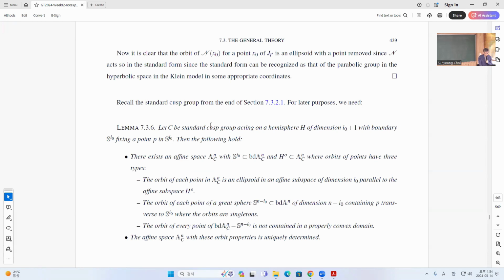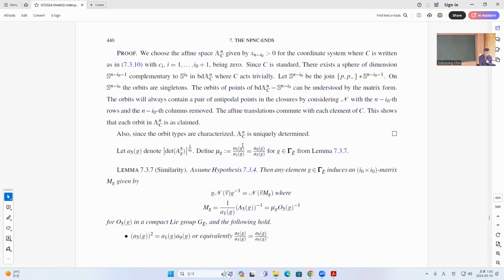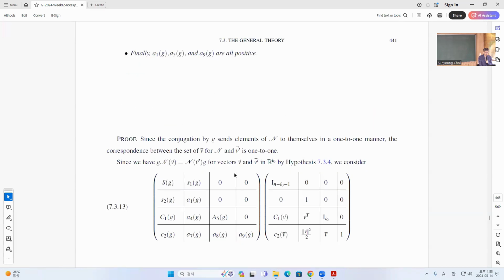Maybe I shouldn't say standard here, but anyway, let's keep continuing. So then we have this relation: A5Z squared is A1 A9, or you have this relation. Okay. So this shows that A1 A5 is the same as A5 to A9. Okay, so they have the same kind of relation between them, and these are all positive.